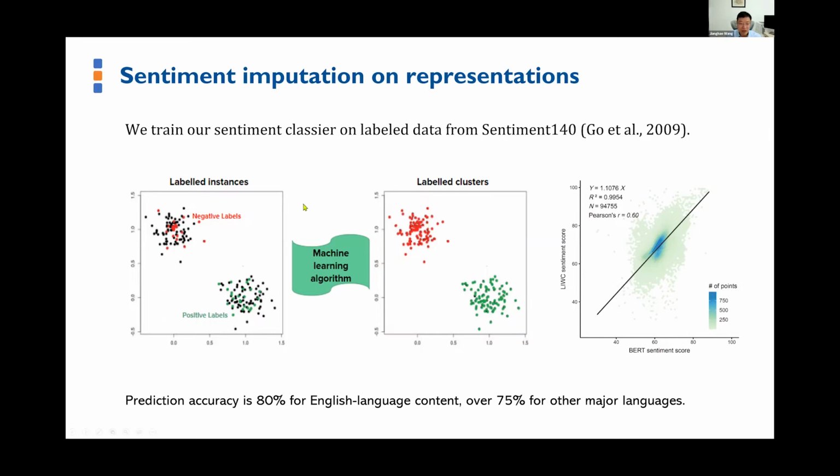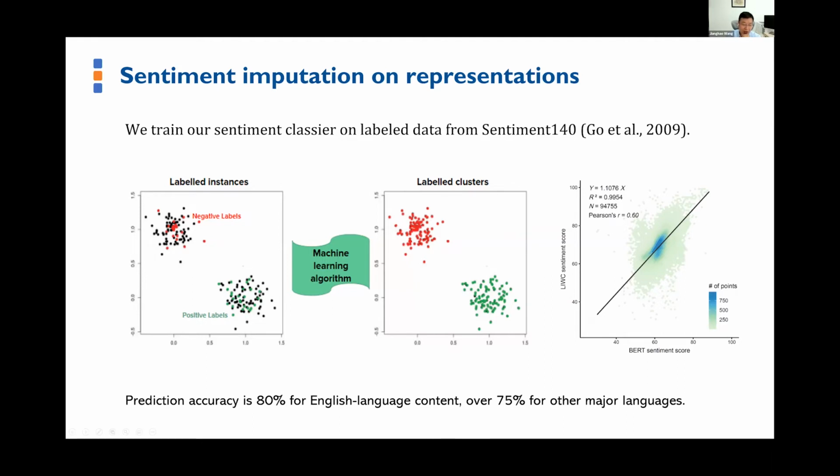Let's say, after training the models, we classify or determine every post into one score. And we also validate our algorithm with a traditional dictionary-based method, for example, LIWC.